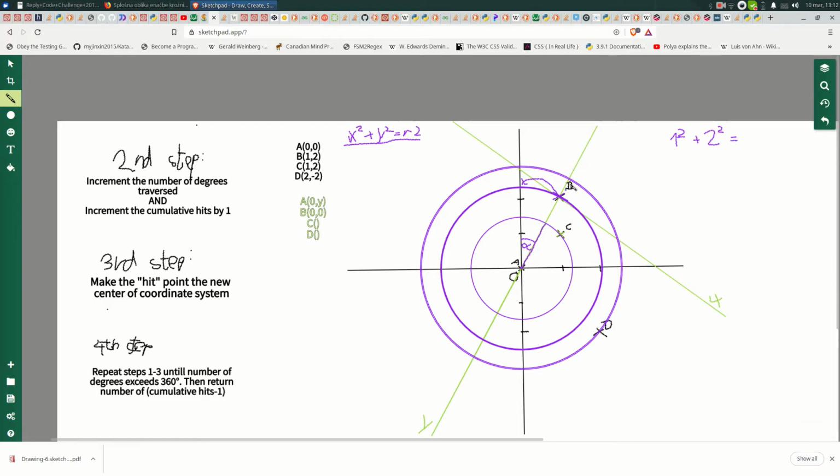That line is just exactly that. 1 squared plus 2 squared is that too.